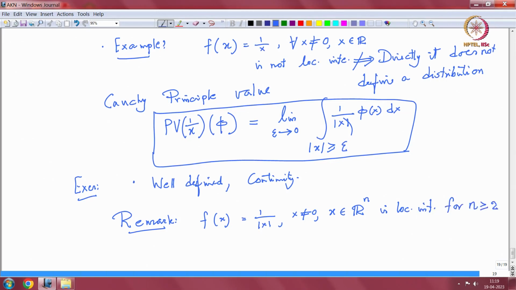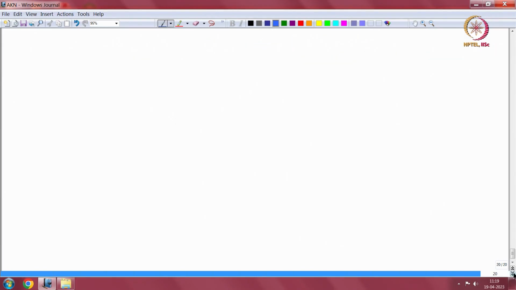Only for n equal to 1 this is not locally integrable, but 1 by mod x is locally integrable for n greater than or equal to 2, and therefore it implies Tf belongs to D prime. Because we have defined earlier the example, any locally integrable function you can do this, and we can continue this more.